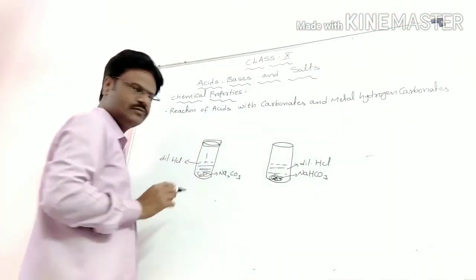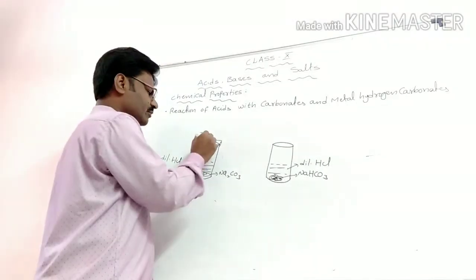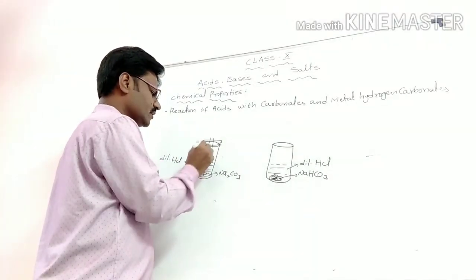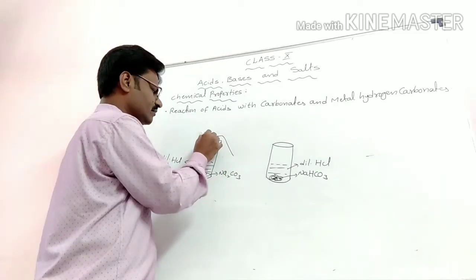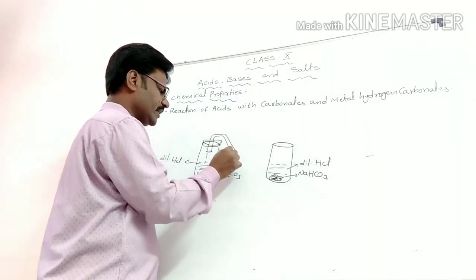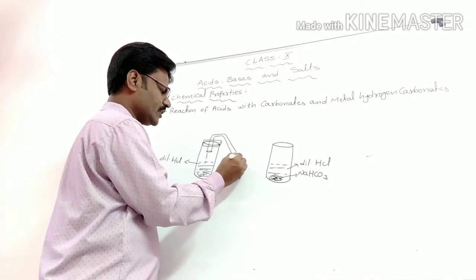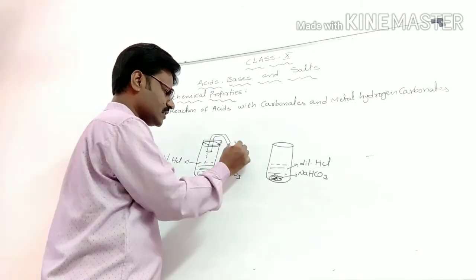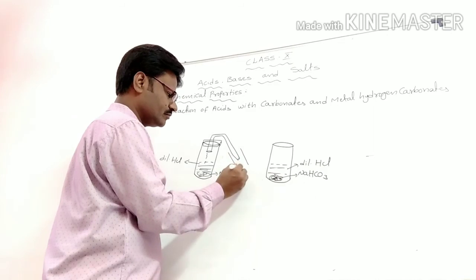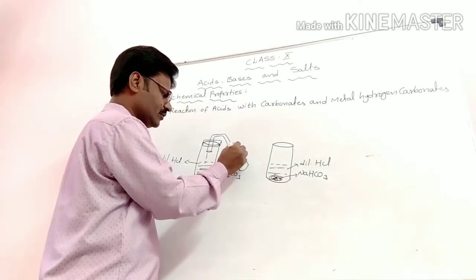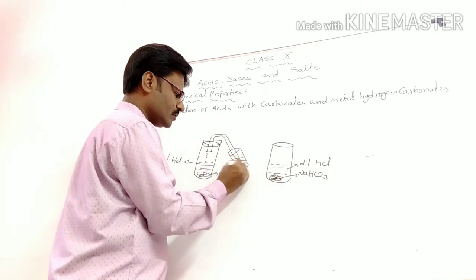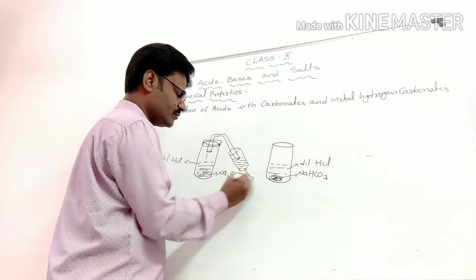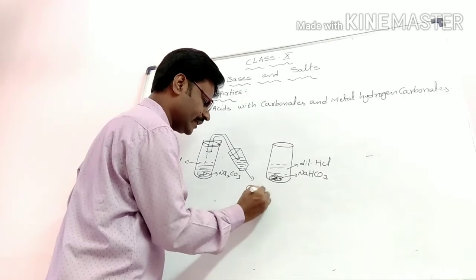And one delivery tube also we have to fix in this. The second end of the delivery tube we are sending into another test tube which consists of slake lime. Slake lime means calcium hydroxide.